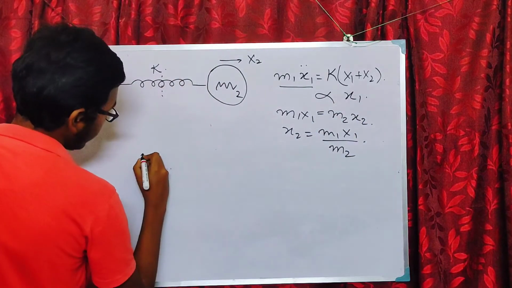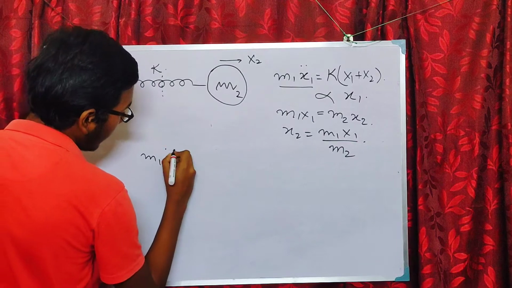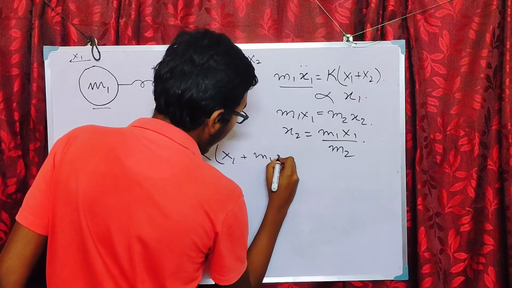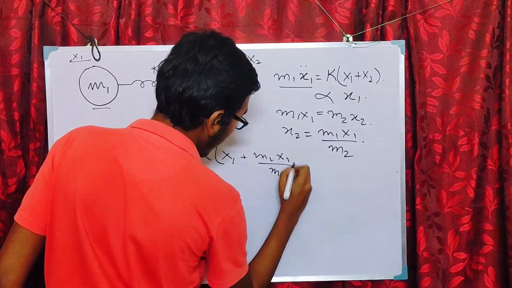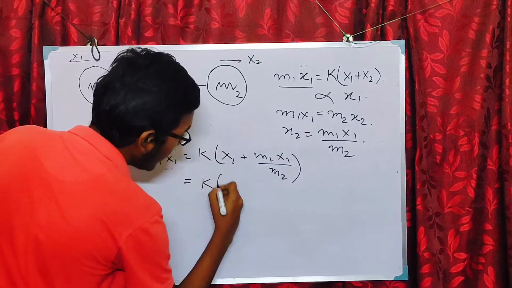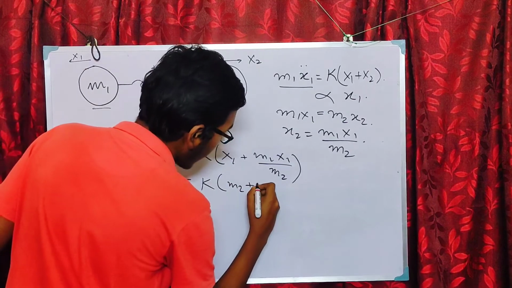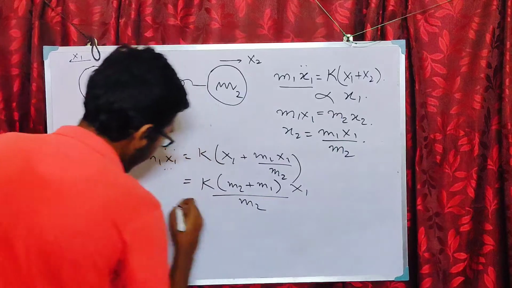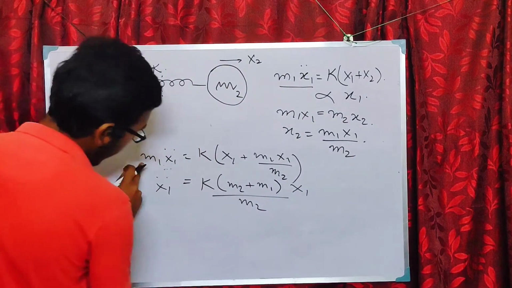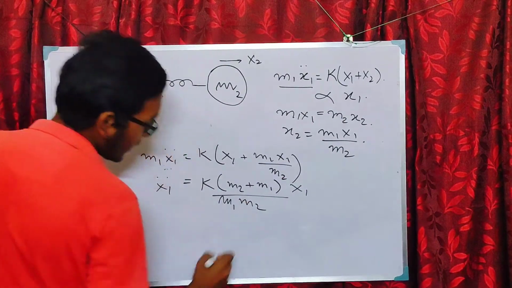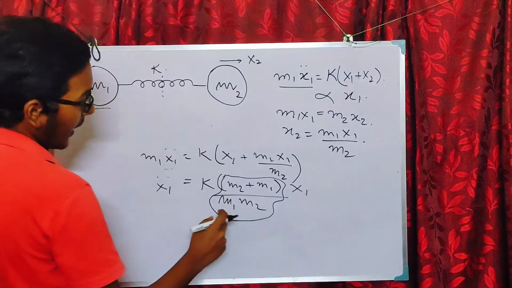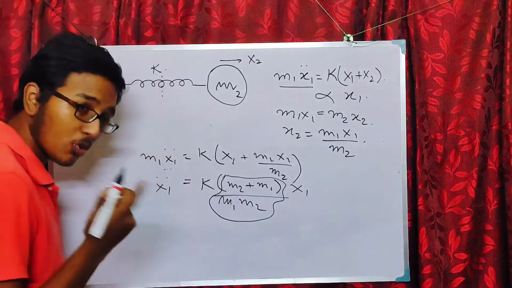I would get m1 x1 double dot equals k into x1 plus m1 x1 by m2, which equals k into m2 plus m1 times x1 divided by m2. If I bring this m1 here, what is this term? m1 m2 divided by m1 plus m2 is mu.